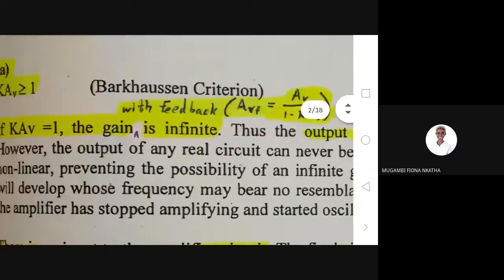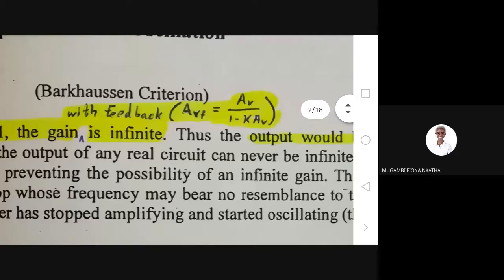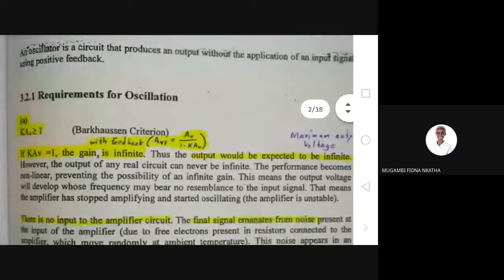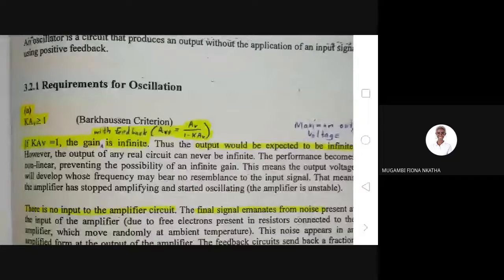But if KAV is equal to 1, then this equation becomes infinite. But that's not possible. Normally an amplifier would have a linear output. But because it can't give an infinite gain, it'll have to become nonlinear. So whatever is inputted isn't reflected at the output. It outputs something different.